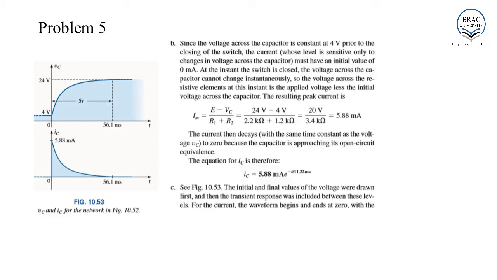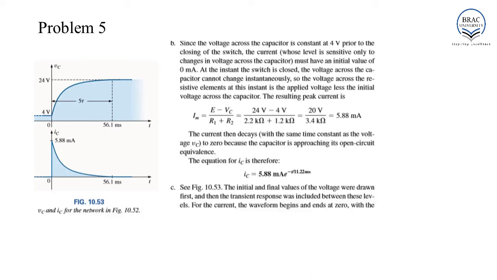Since the voltage across the capacitor is constant at 4 volts before the closing of the switch, the current must have an initial value of 0 milliamperes because the loop is not completed until the switch is closed. At the instant when the switch is closed, the voltage across the capacitor cannot change instantaneously.